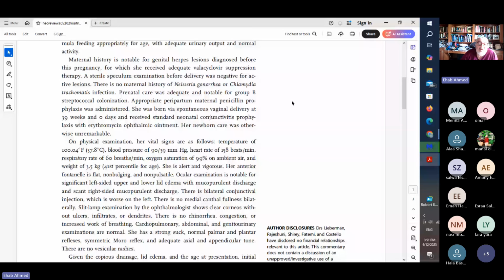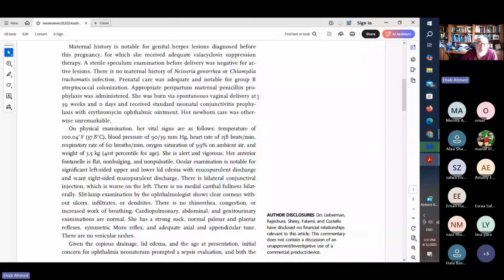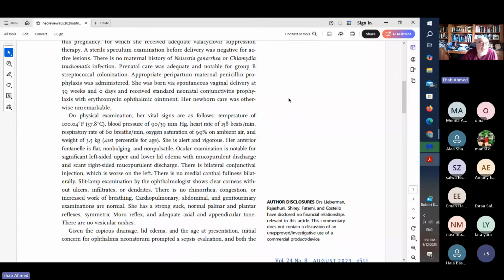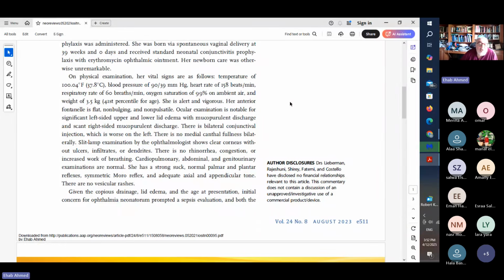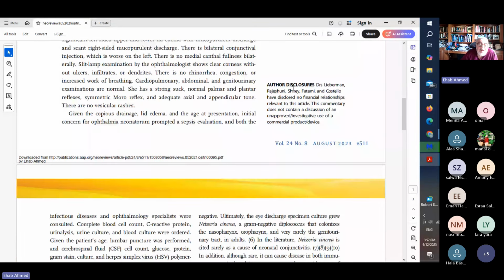Appropriate peripartum maternal penicillin prophylaxis was given to the mother, and the baby was delivered vaginally at 39 weeks and received neonatal conjunctivitis prophylaxis, which is what we give here, erythromycin. And she had a good course, and the baby was doing well, but she had this bilateral ophthalmia neonatorum.